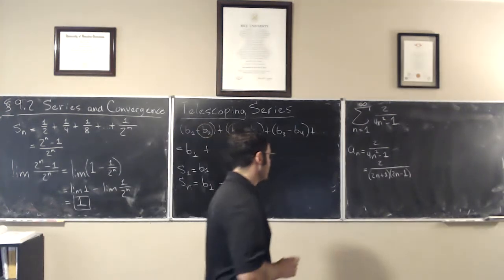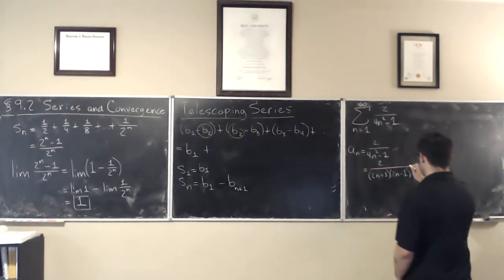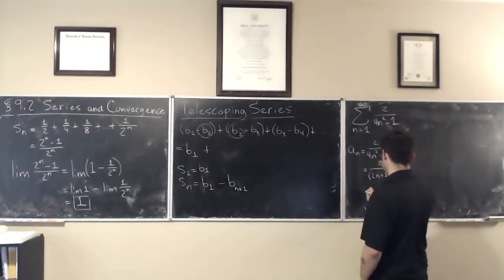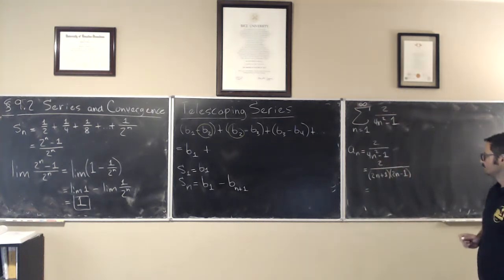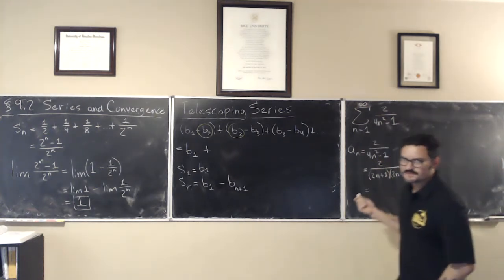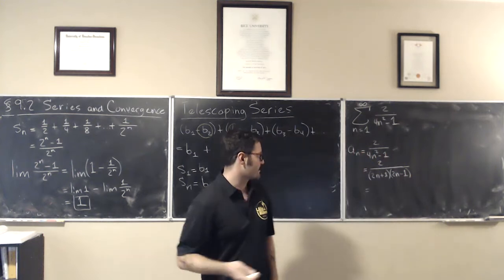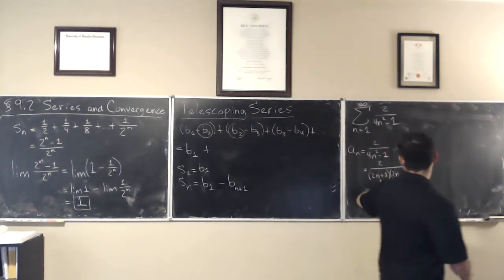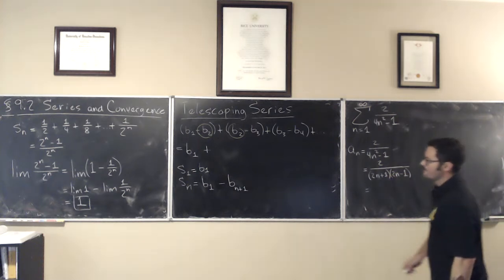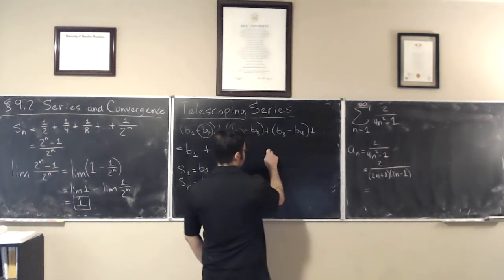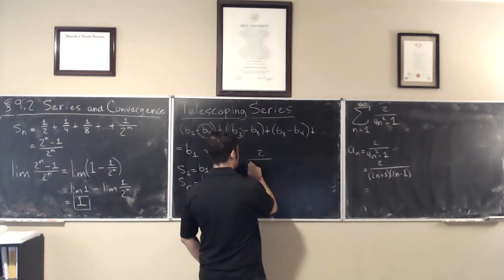Okay, now if we expand this, by the way, do you remember how to expand something like that? Partial fractions. You can use partial fraction decomposition to figure out what this term is, right?